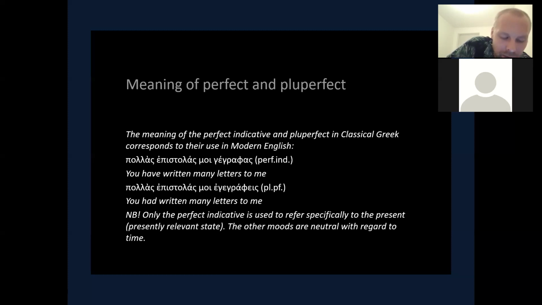Thus, the Greek pluperfect, mostly at least, can also be quite adequately rendered with a past perfect in English. For instance, the sentence pollas epistolas moi egegraphes, containing the second person singular pluperfect active form egegraphes, can be translated as you had written many letters to me.